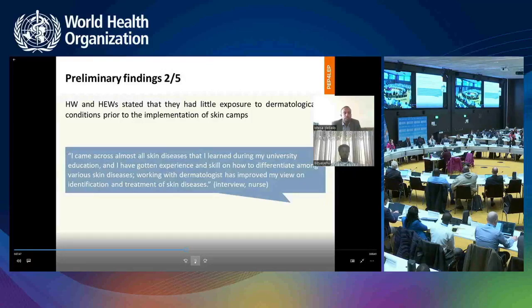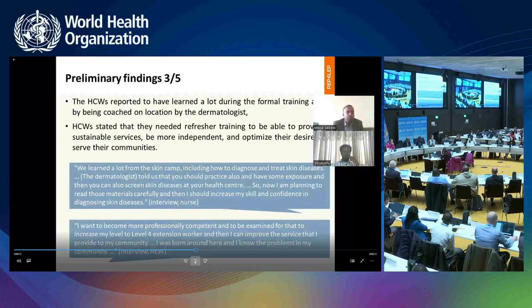Here is a quote from a nurse: I came across almost all the skin diseases that I learned during my university education, and I have gotten experience and skill on how to differentiate among common skin diseases, and working with dermatologists has improved my view and skill on the identification and treatment of common skin disease. This was stated by a nurse during an interview.